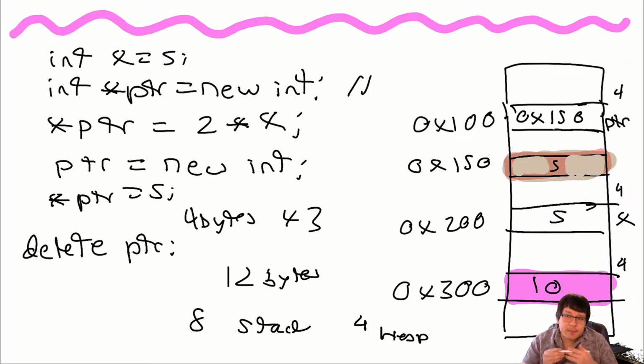Well, it turns out that your delete PTR is calling delete on address 150, which is what PTR holds. The problem is that up here, we overwrote what was stored in PTR, right? We overwrote the 300 with 150. And so we've basically forgotten where the original PTR value was, which was 300. This is what is known as a memory leak.